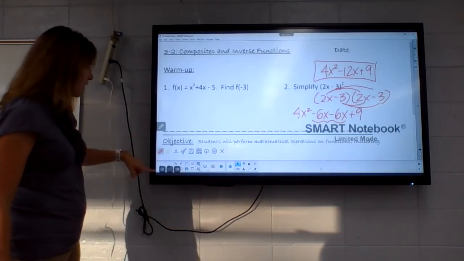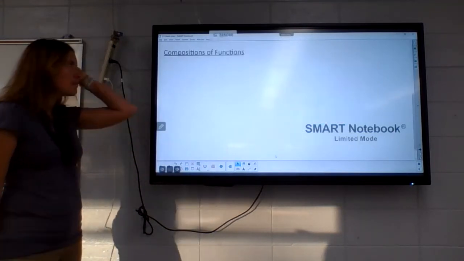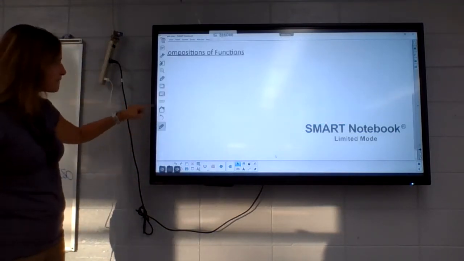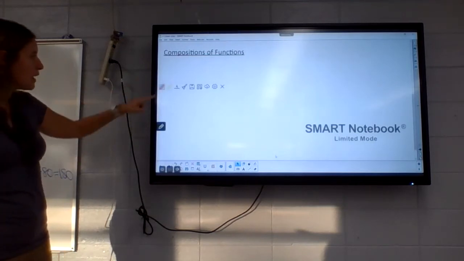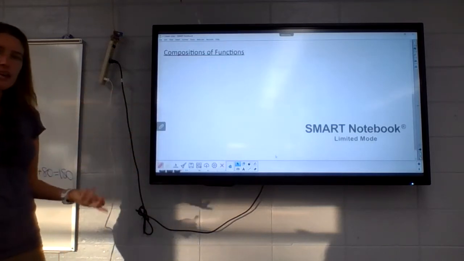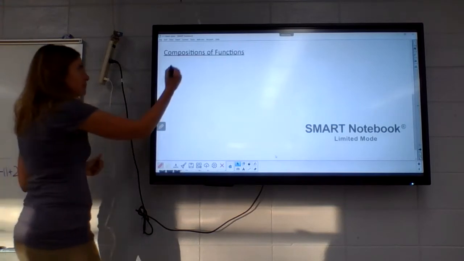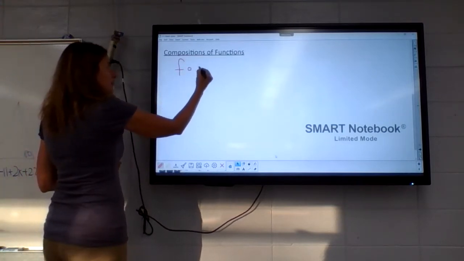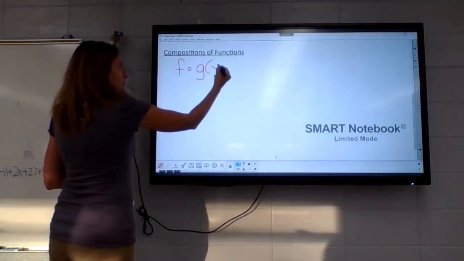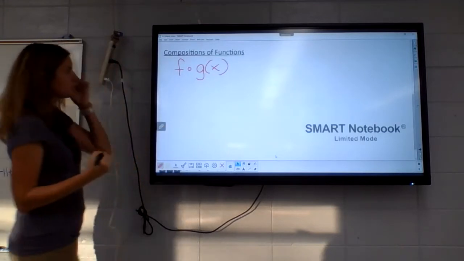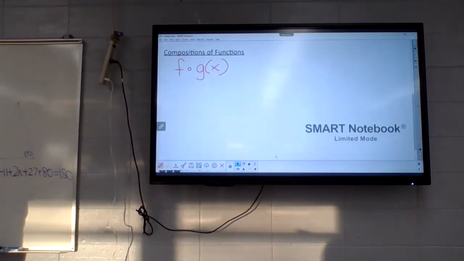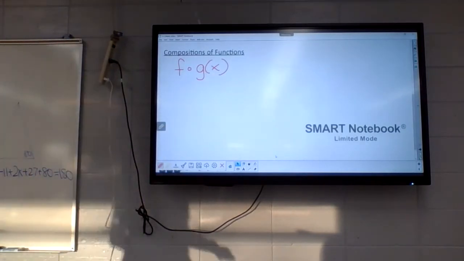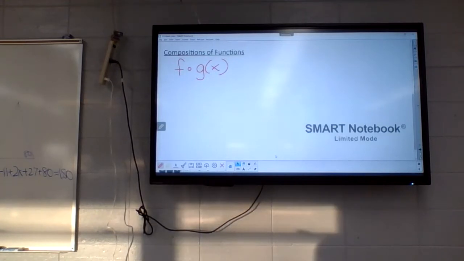So we're going to talk about composition of functions today. And we're going to learn a notation that looks a little strange. It's f-o-g, but not an O, it's actually supposed to be a little open circle.